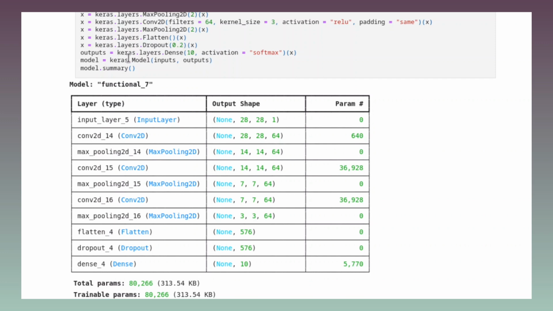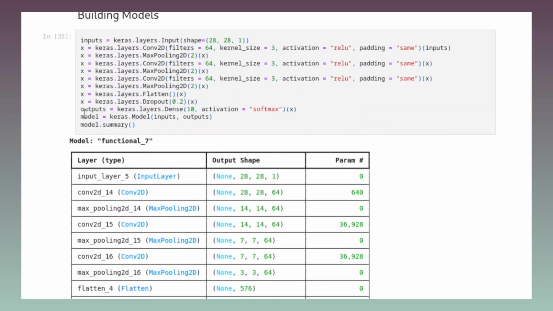Once you have that, you have the Keras dense layer, and we are using softmax because we are classifying 10 classes. Then we are going to build this model. Notice that I'm not using the sequential API, I'm using the functional API.